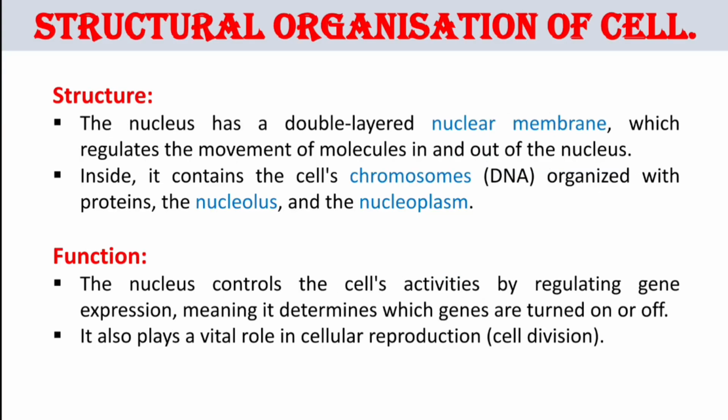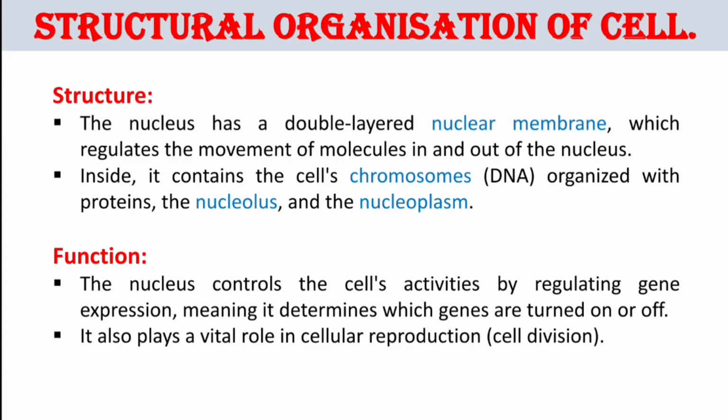Next, structure. We have already noticed that it has a double-layer nuclear membrane which regulates the movement of molecules in and out of the nucleus. Inside it contains the cell's chromosomes, which are DNA organized with proteins, and the nucleolus and nucleoplasm.